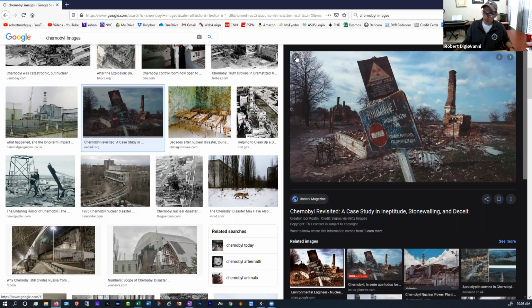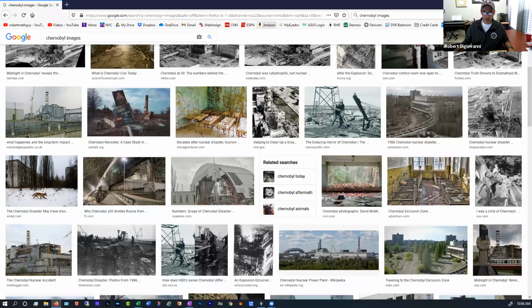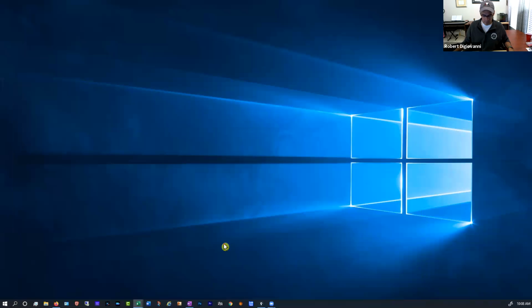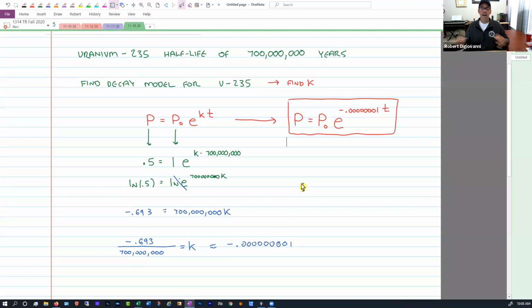So if my memory serves me correctly here, does anyone have a guess as to how much radioactive material they lost control of that day? Like how much of it was, anyone have an idea or have a guess? They had some uranium there.